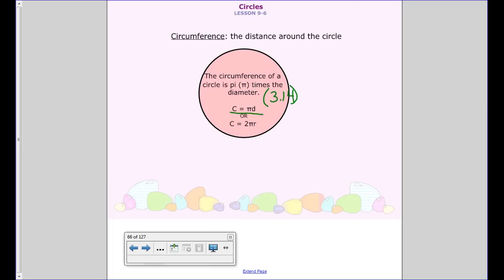Or sometimes they just give you the radius of the circle. Now, we talked before, radius is half the circle, so in order to get to the diameter, you'd multiply it by 2. So you end up doing 2 times the radius, then times that 3.14. And that gives you a good estimate as well.